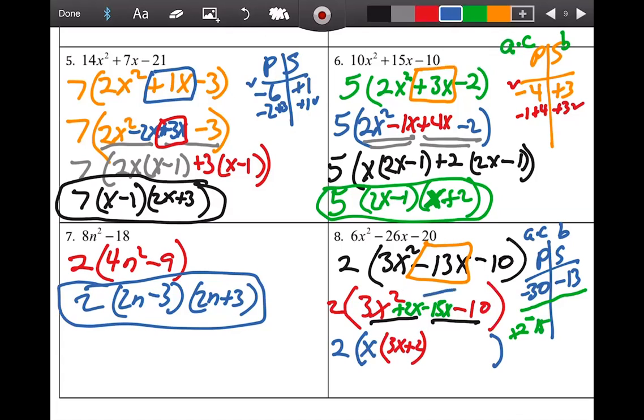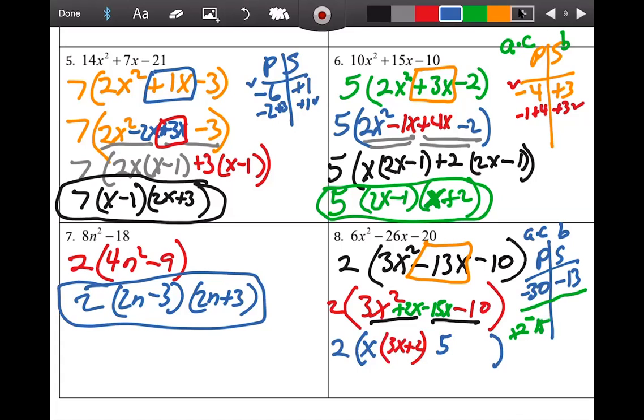What's my GCF in this other group here? Remember, I want to get a positive 3x and a plus 2. So what am I going to divide those terms by? 5. Okay, 5. So if I divide them by 5, do I get positive 3x and positive 2? Negative 5.